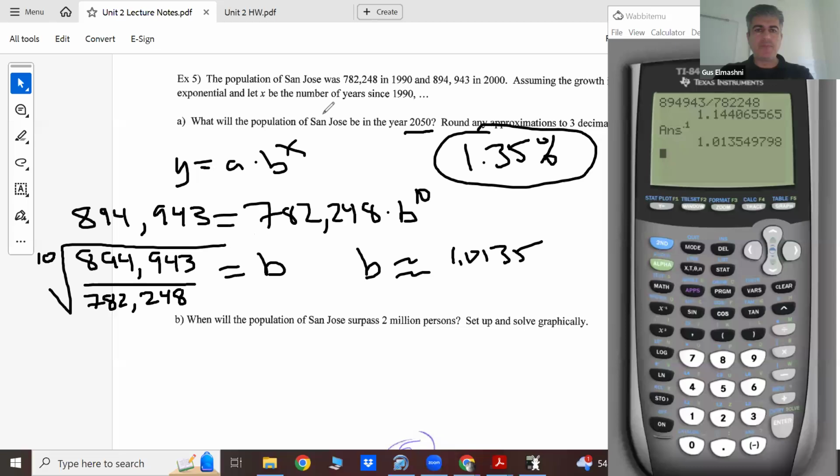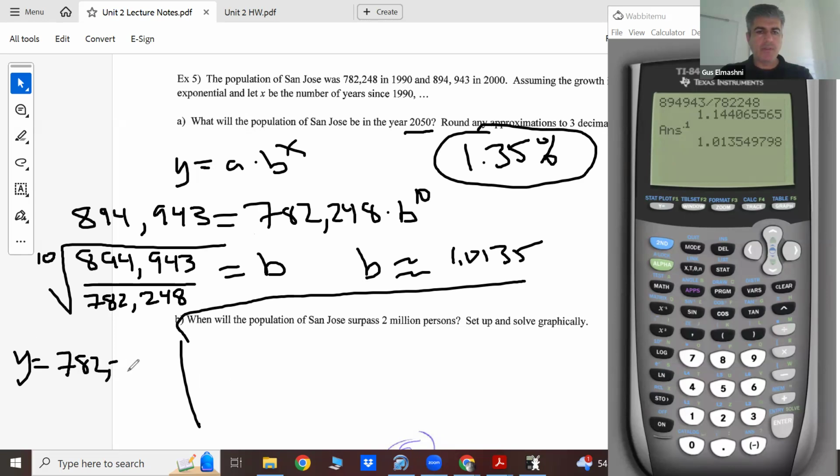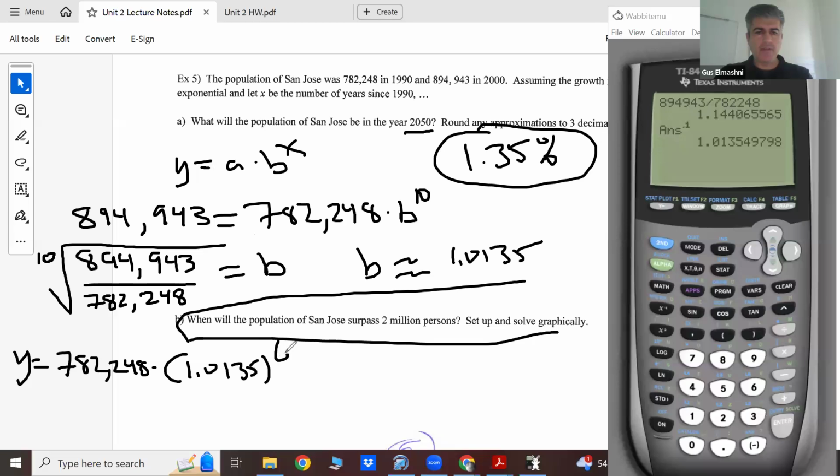So in the year 2050, I'm kind of out of space here, so I'm going to use the space down below. So y equals 782,248 times 1.0135 raised to the 60th power.